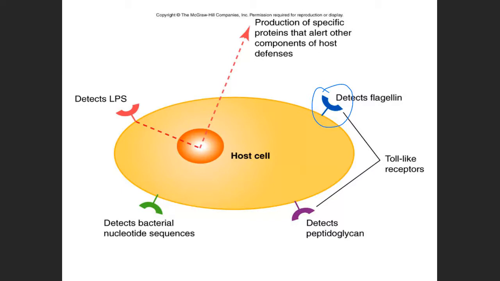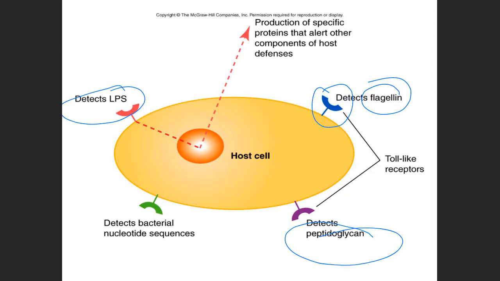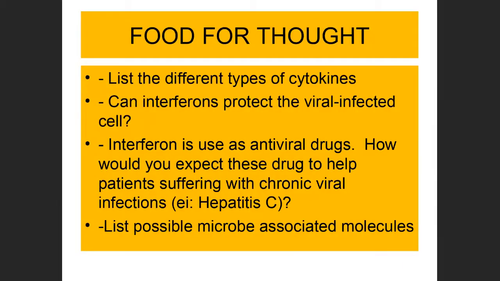What you need to know from this picture is the examples of microbial molecules these receptors are going to bind to. So flagellin being one of them. Peptidoglycan is another one. LPS is another one. So be prepared to come up with examples of substances that are detected by toll-like receptors.